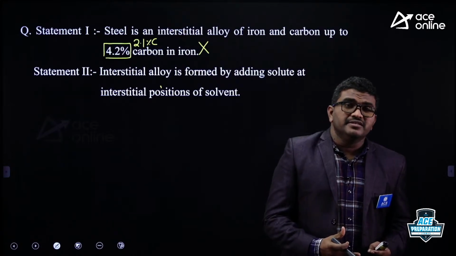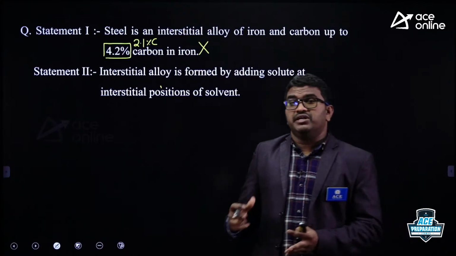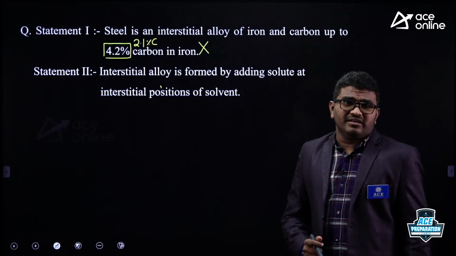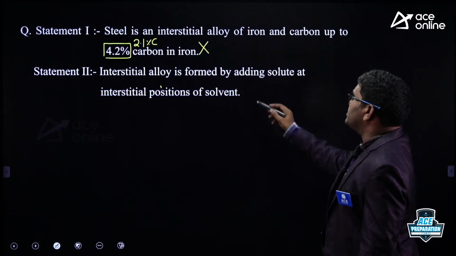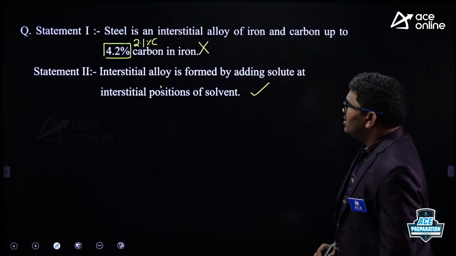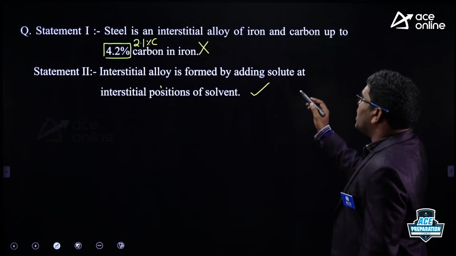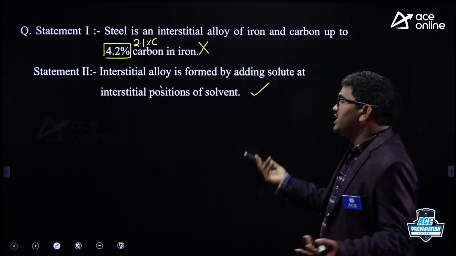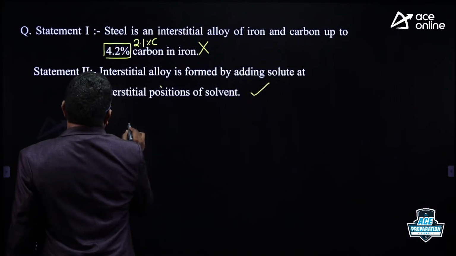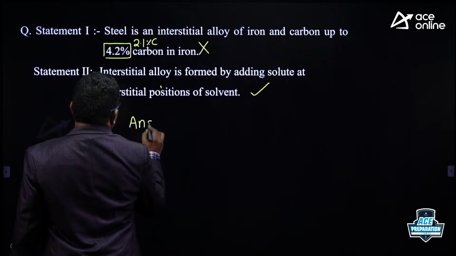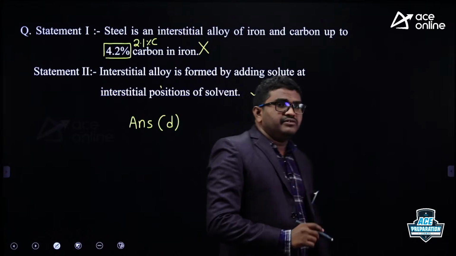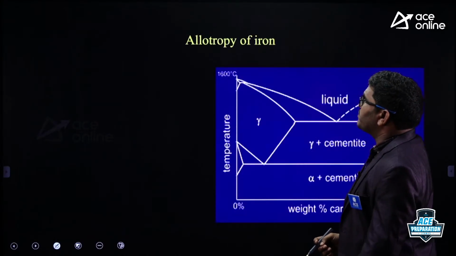And option D: statement 1 is not correct but statement 2 is correct. Right. So, here statement 1 is incorrect, statement 2 is always correct. Interstitial alloy is formed by adding solute at interstitial positions of solvent, it is right. So, the answer for this question is D.